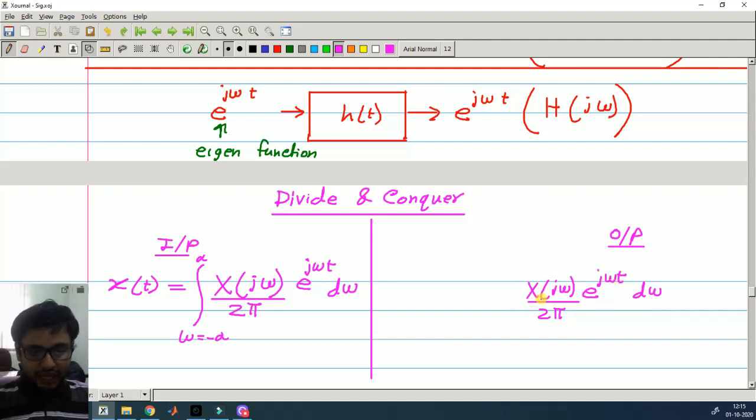Then this signal will get multiplied by H j omega, and then we have to add all the component outputs for all omega running from minus infinity to plus infinity.